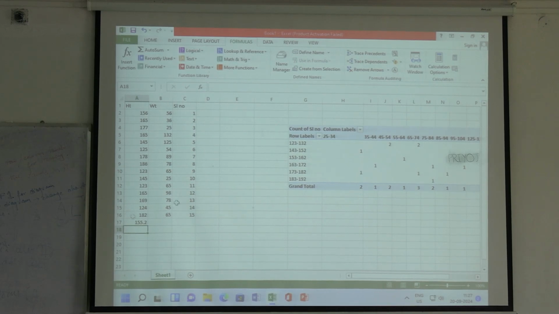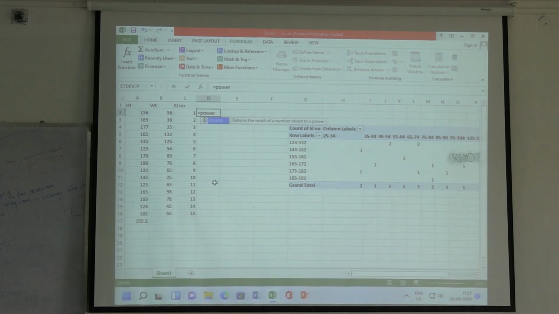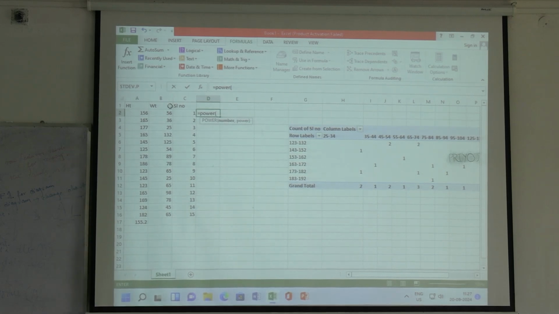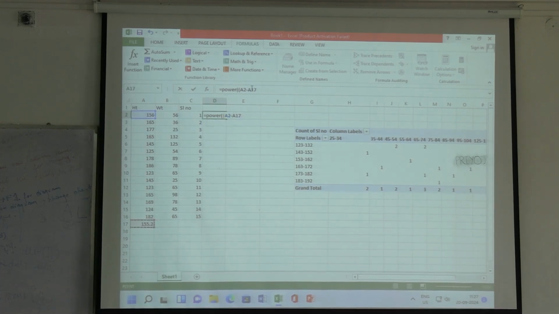How to find standard deviation? You just do this power. This minus this, dollar it up.